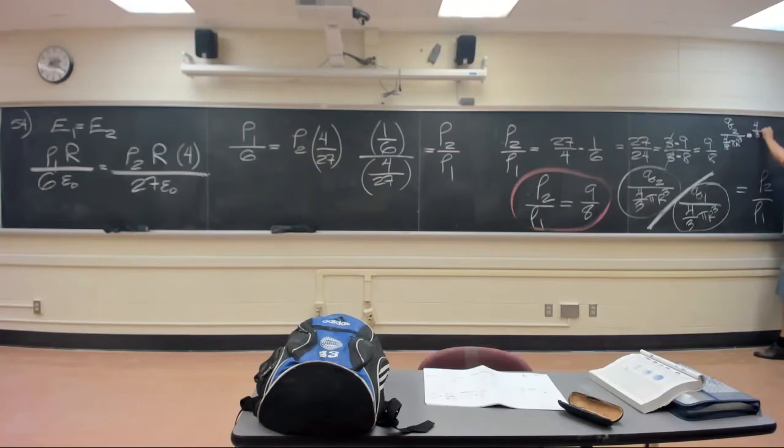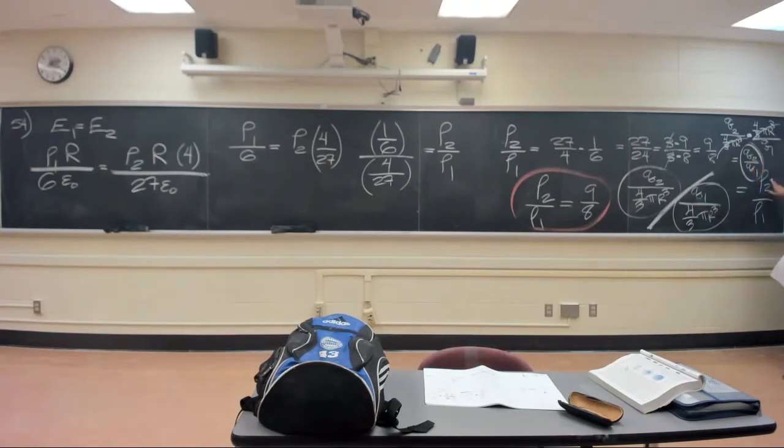Wait a minute, they're equal size spheres in terms of volume, correct? All of this and all of this cancel, and you got Q2 over Q1.